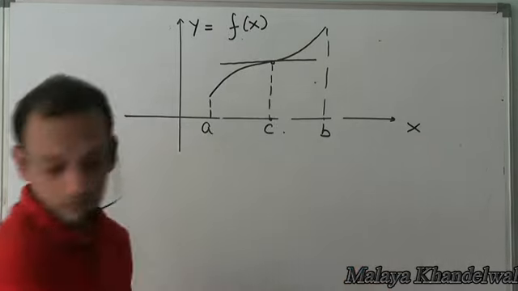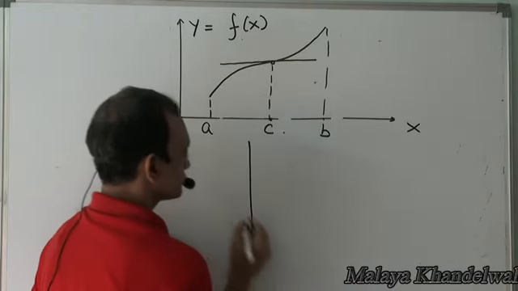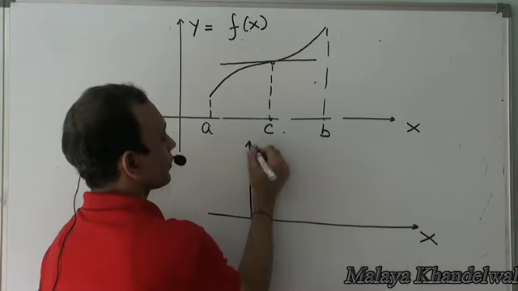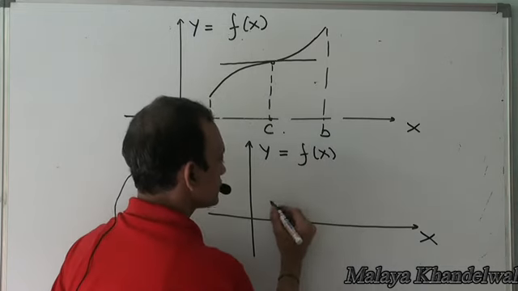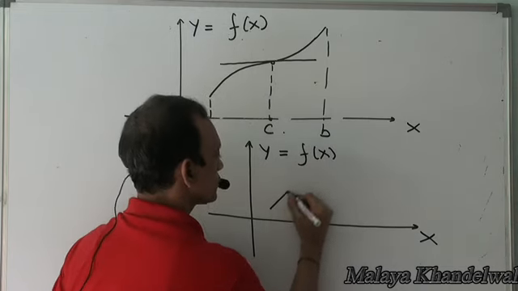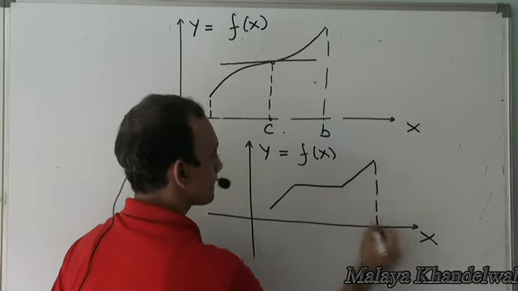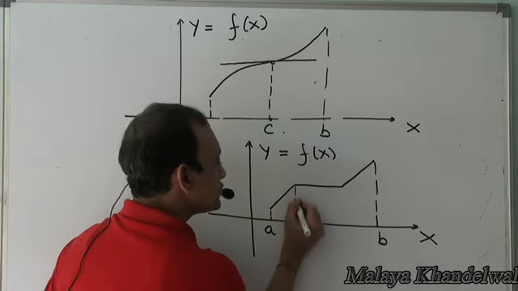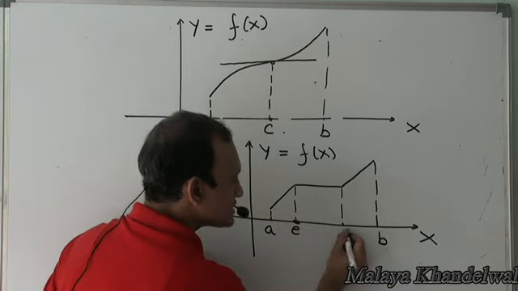If, however, I have something like this, in the interval a to b, I find a set of continuous points from x equal to e to x equal to f.